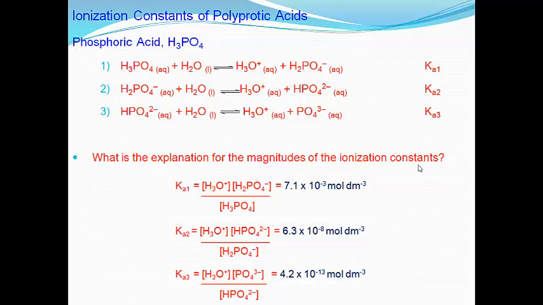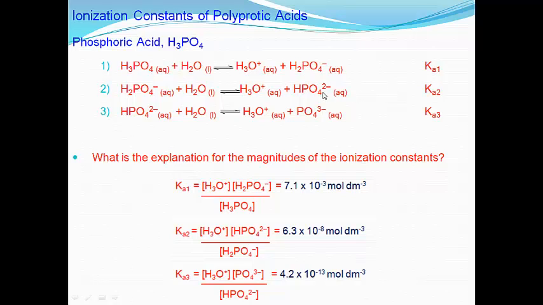Well, before I move on from there, the point is that if we go back to the equilibrium reactions, if we look at the first one, we can essentially say that the proton that is lost from the H3PO4 would have been interacting with an anion that is 1 minus, and that is not an energetically difficult process, and so Ka1 can be fairly appreciable.